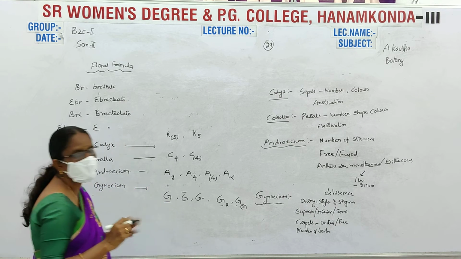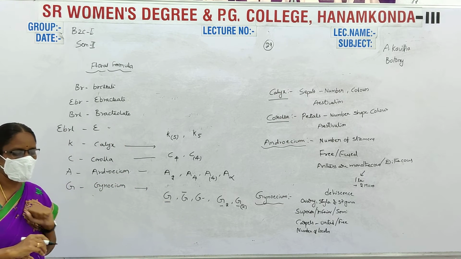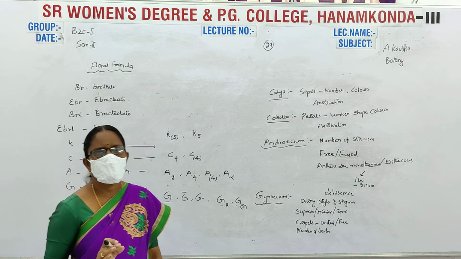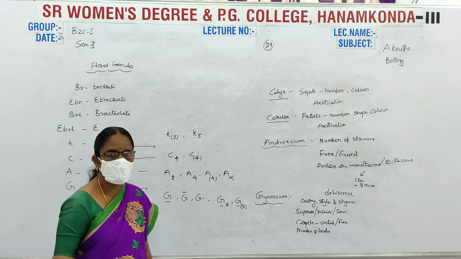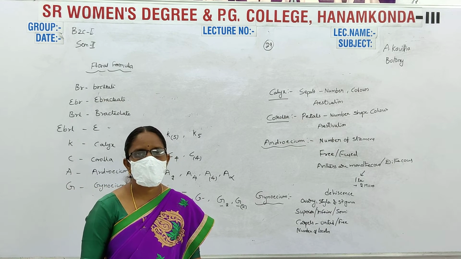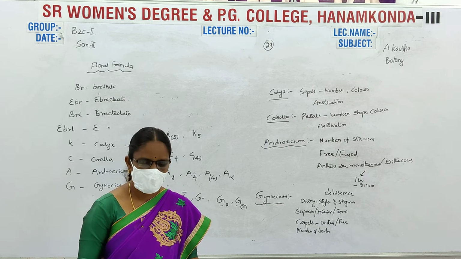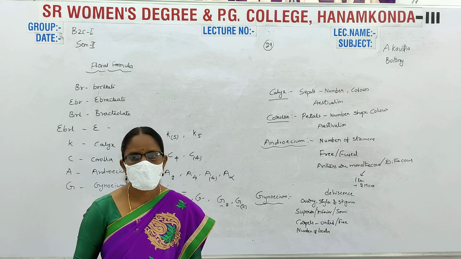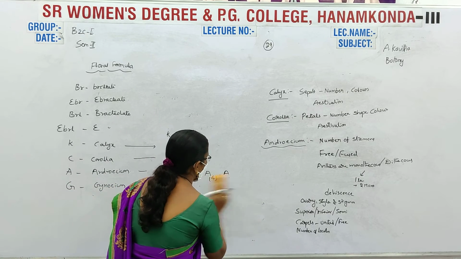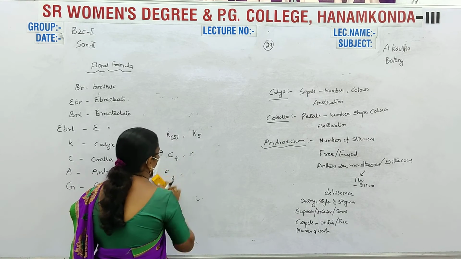This is a normal floral formula of a normal plant, any plant, any family. And next we will see the technical description of the plant. This was just an introduction to the technical description of the plant and the floral formula of the plant.